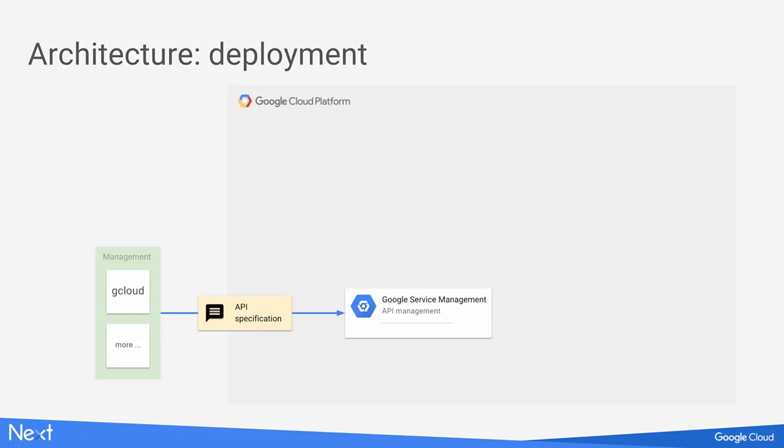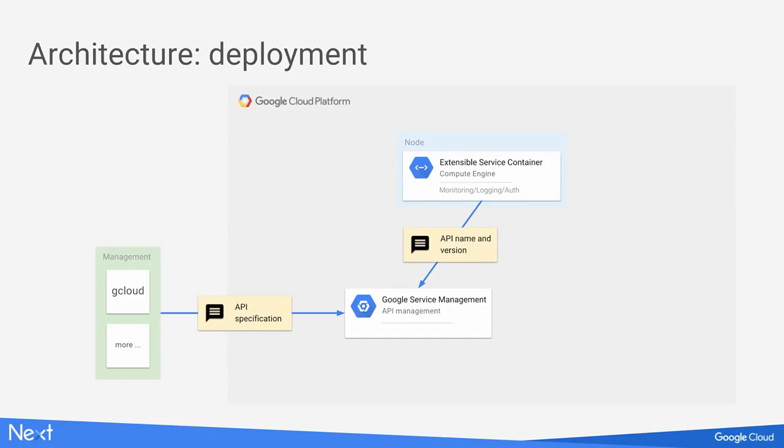So first what you do is you deploy an API. You call gcloud, you send the API specification, that openapi.yaml file that we saw before, and you send it to the Google Service Management. What you're saying here is you're declaring something new, and you're going to get an API name and a version.